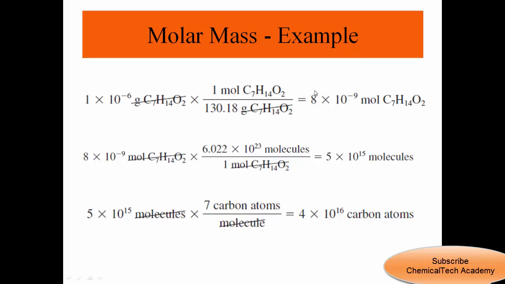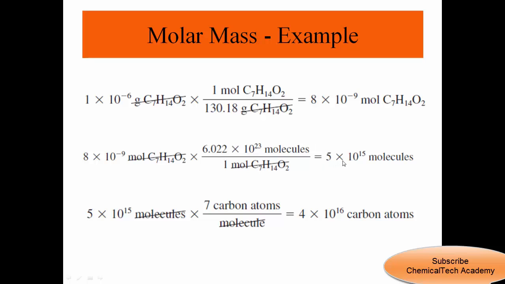Now that we have the number of moles, we can find the number of molecules. So here we write the number of moles. We know in 1 mole of any compound or any element, we have 6.022 times 10 power 23 molecules, or for elements, atoms. That's the Avogadro number. So these two cancel each other, and the remaining part would be the number of molecules.